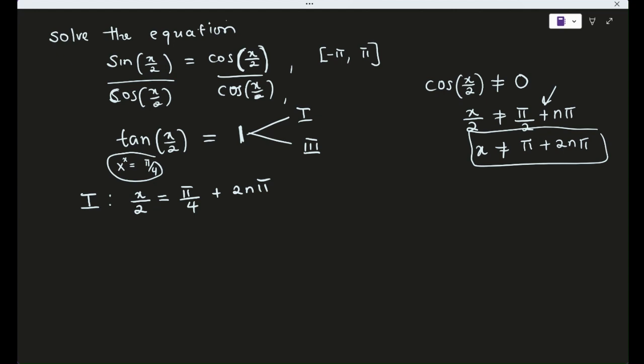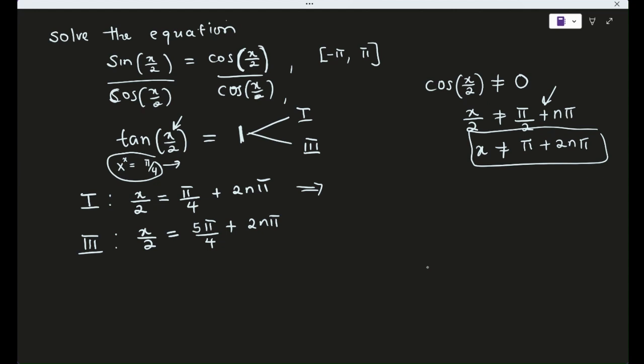It will work. Now, or if we are in the third quadrant, our x over 2, which is this angle, is going to be, you need to add pi to this pi over 4. So this is 5 pi over 4 because we are in the third quadrant. And I can still add 2n pi. It's not a problem. So from here, what is x?